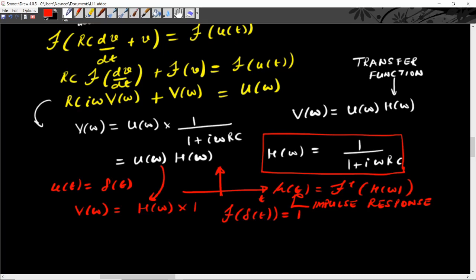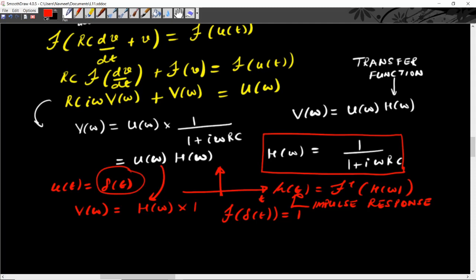So if my input signal is a delta function, then the Fourier transform of the output signal, that is V of omega, is going to be H of omega, and therefore the inverse Fourier transform of H of omega is called the impulse response, that is the response of this system, which in this case is this RC filter, to this impulse input.